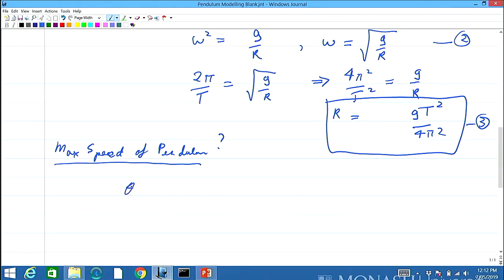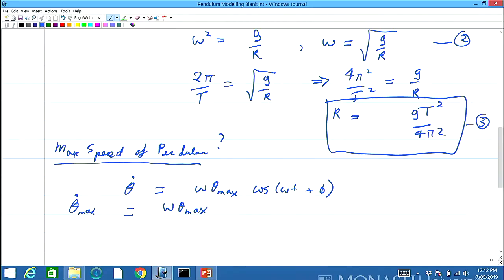So we've got theta dot, the derivative of the angle, is equal to omega theta max times cosine now of omega t plus phi. So from that you can see immediately that the maximum angular speed, theta dot max, is then equal to omega theta max, because the cosine maximum is 1.